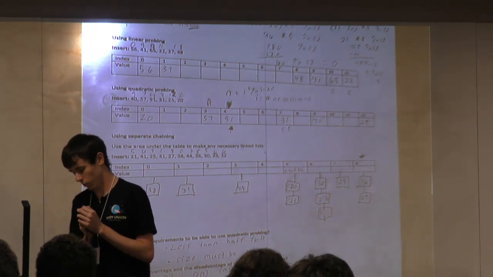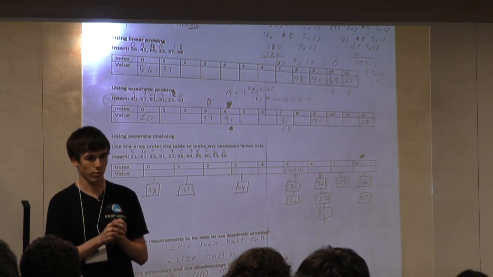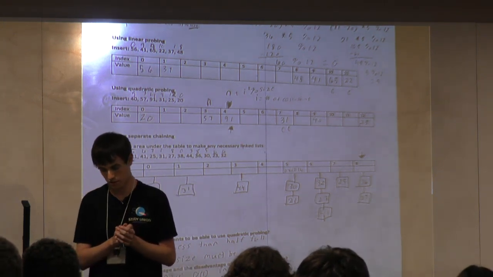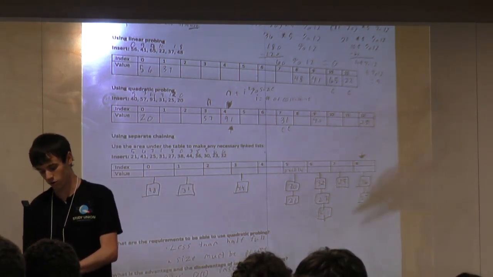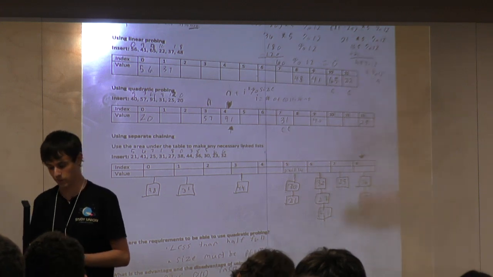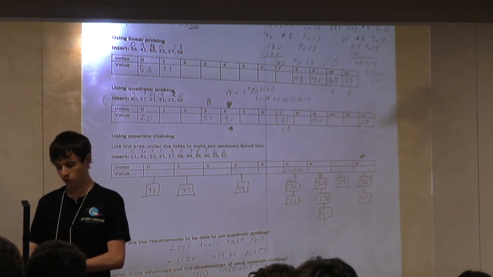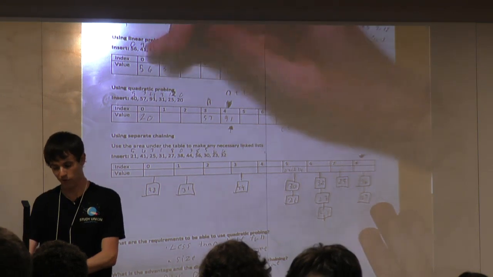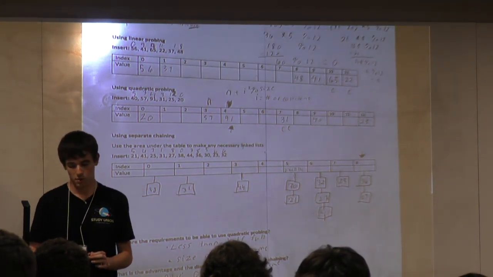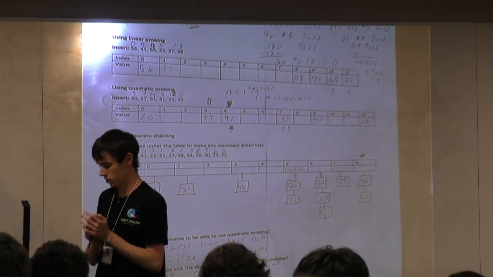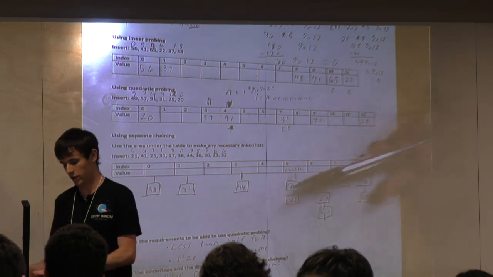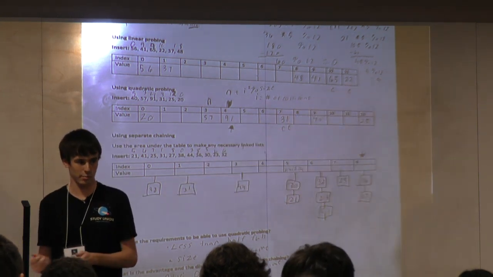And then we don't change our insertion time or our access time, because we're still going to say it's order n for accessing all 3 of these methods, because just like I said before, for linear and quadratic, we might have to go through every single element down that line. But just like the other two, for separate chaining, the worst case is if everything collides at the same position.